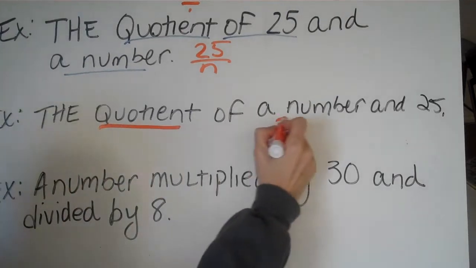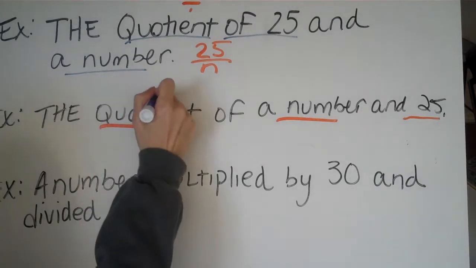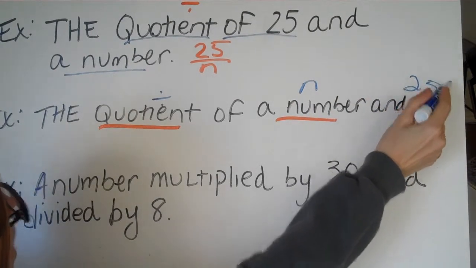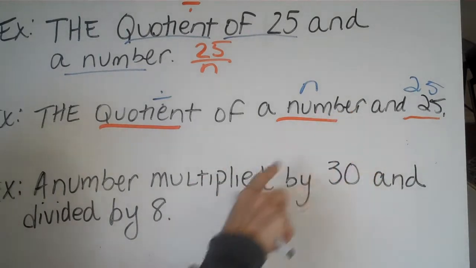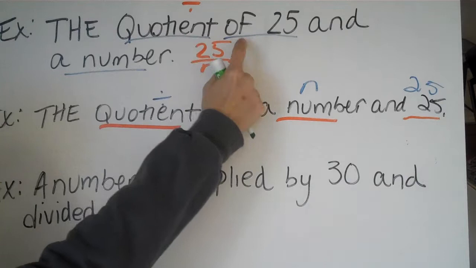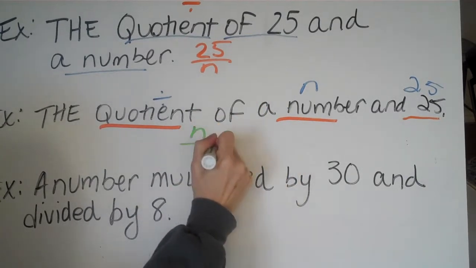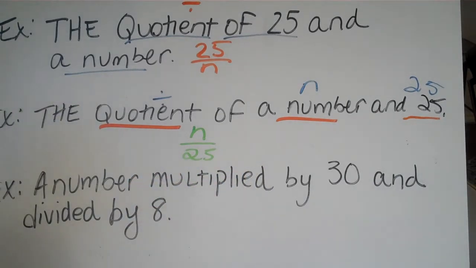The quotient of a number and 25. Now the top number is different. Quotient is still division. This time the number comes before the 25. Here we said the quotient of 25 and a number. Here we're saying a number and 25. So in this case it would be n over 25. Do you see the difference?